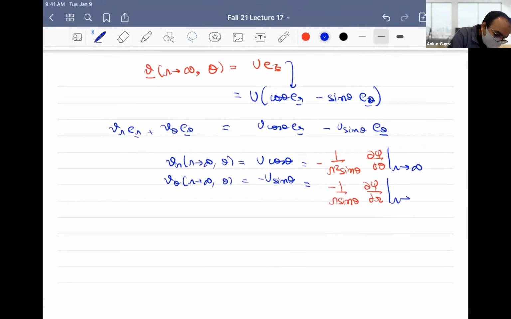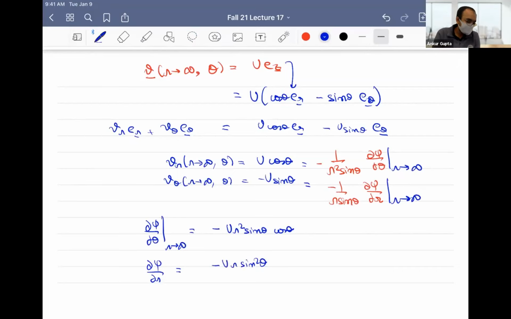Okay, so because we need the boundary conditions in terms of psi, I will say del psi by del theta as r goes to infinity is really U r squared sine theta cos theta, and del psi by del r is plus U r sine squared theta.